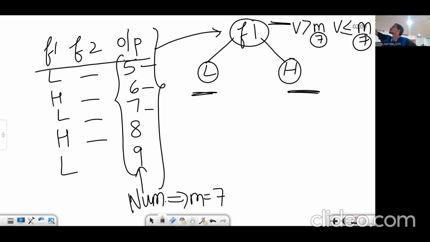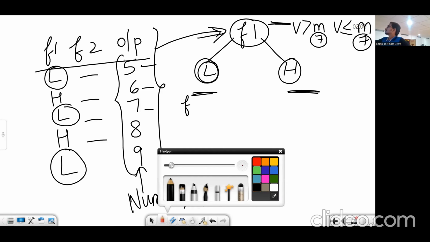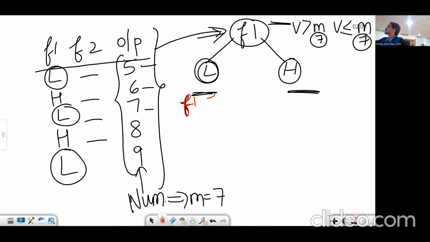So here mean is 7. Now this entire data set was present over here. Now wherever there is low, that time it will come in this left subtree. So we'll redraw the data set here. And here also.